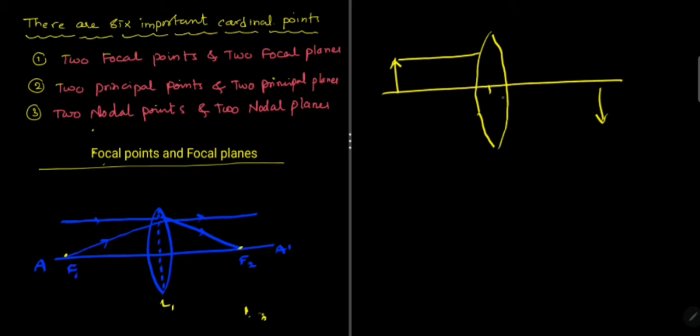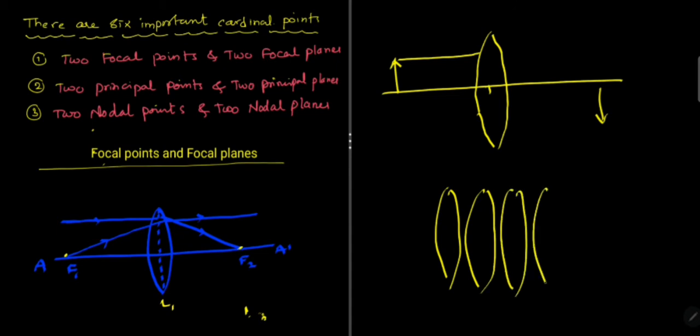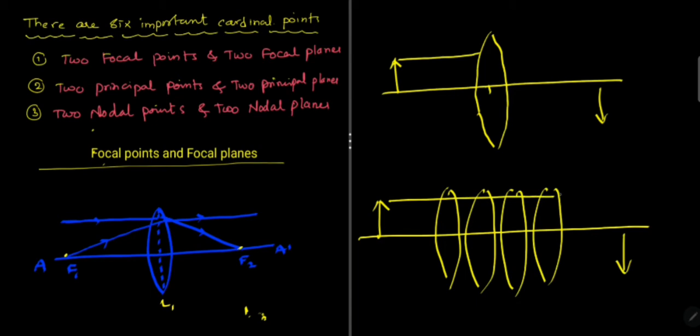But instead of taking only a single lens, we are going to take several lenses, and for all these lenses we have to find the height of the object and image and the distance, and how it is refracting.